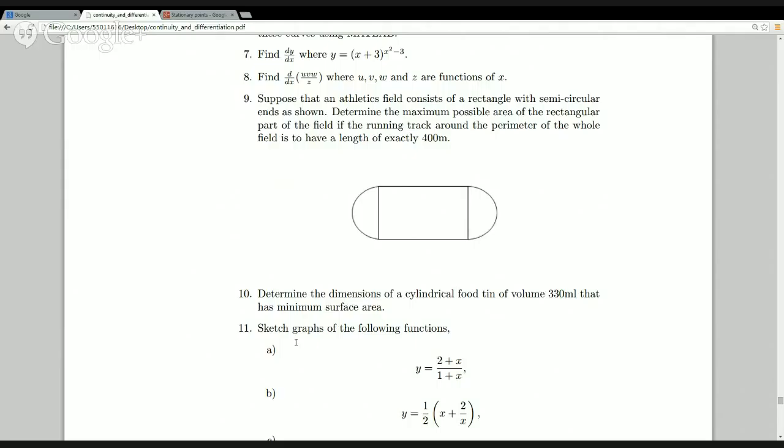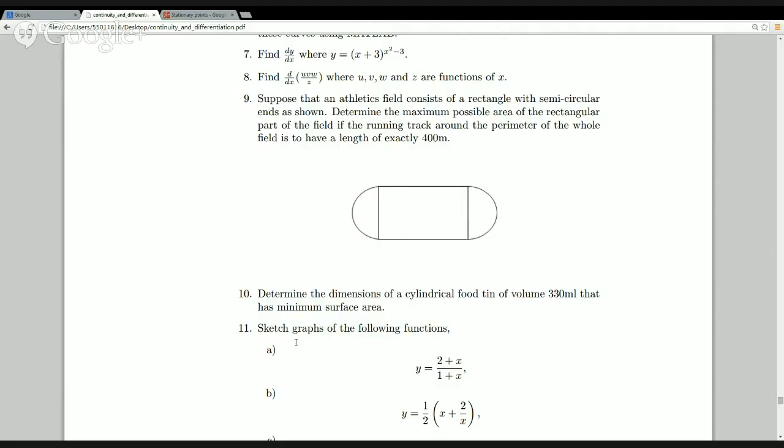so what I want here is the perimeter as a function of two variables, W and L. The perimeter is made up of these two long edges, L, so it's 2 times L, plus the circular bits at the ends. Now, these are two semicircles, and they join together to give one circle, obviously. So we'll have a whole circle's worth of circumference to add to this 2L bit on the perimeter.